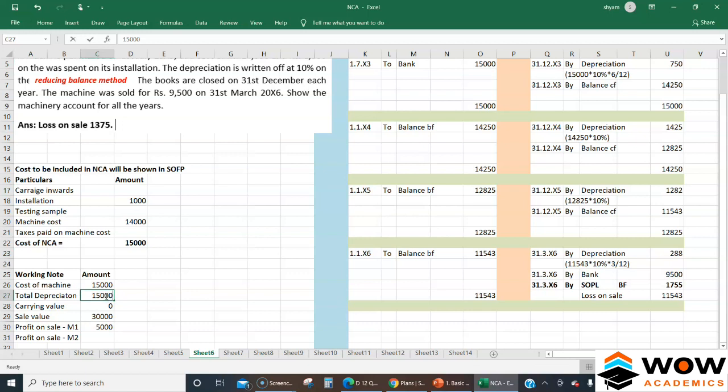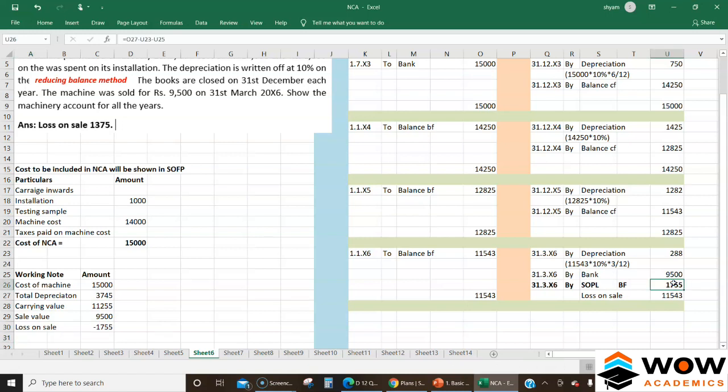So 3745 is the depreciation, and the asset worth is 11,255. This asset was sold for 9,500, so you can find out the profit or loss. This leads to a loss, because they have sold about 11,000 worth of asset for 9,500. So it's a loss on sale. 1755 is a loss.